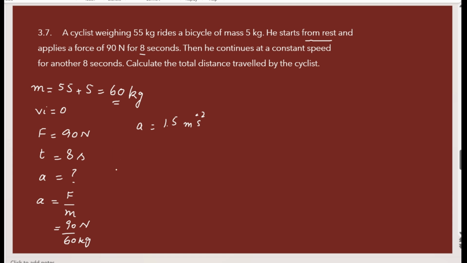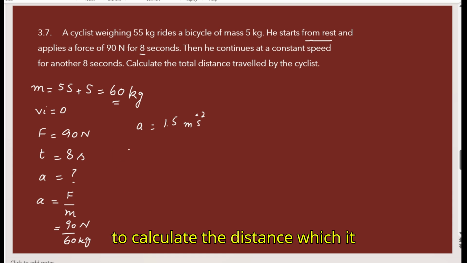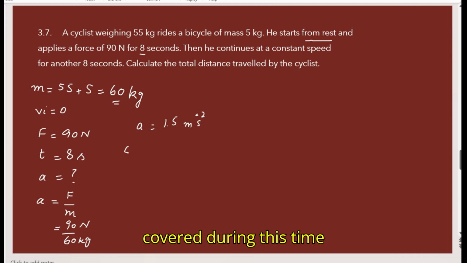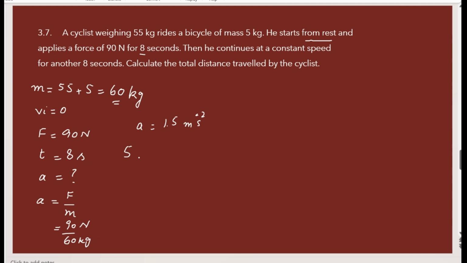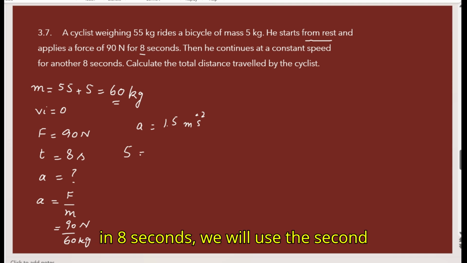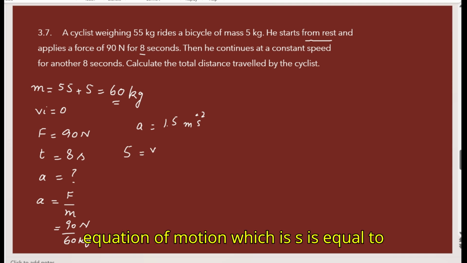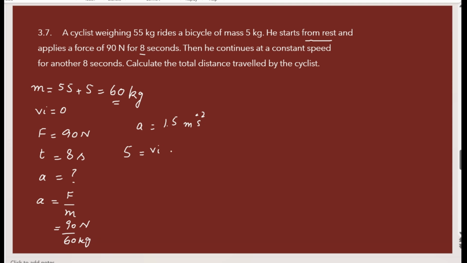So to calculate the distance which he covered during this time when he applied the force of 90 Newton in 8 seconds, we will use the second equation of motion, which is S is equal to vi t plus 1 over 2 a t square. Now we put the values here.